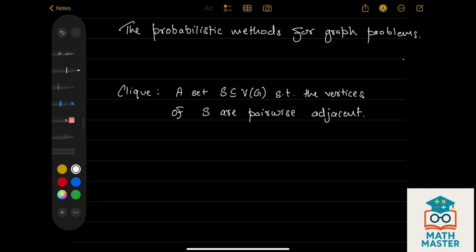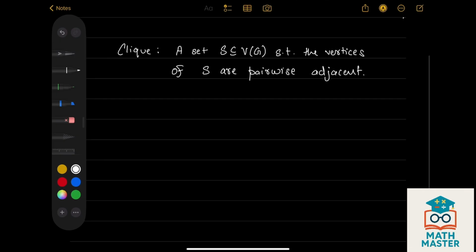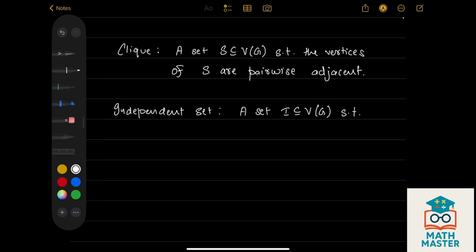And what do we mean by an independent set? Again, it is a set, say I, of vertices of the graph G such that the vertices of I are pairwise non-adjacent.